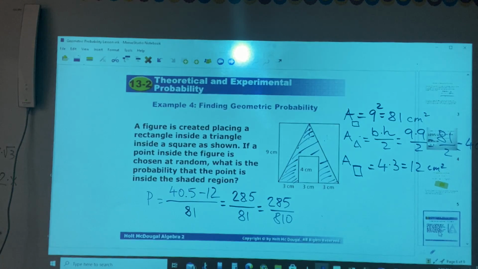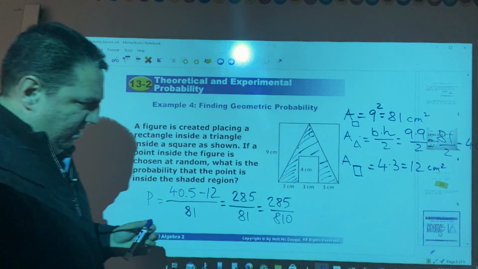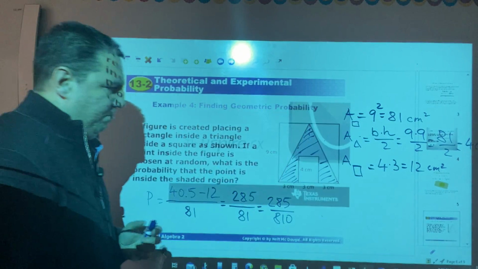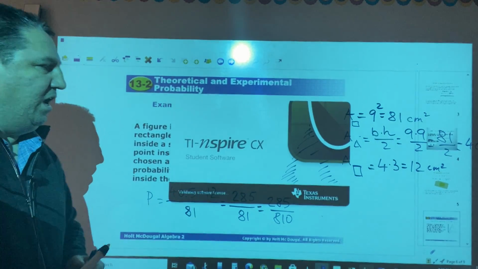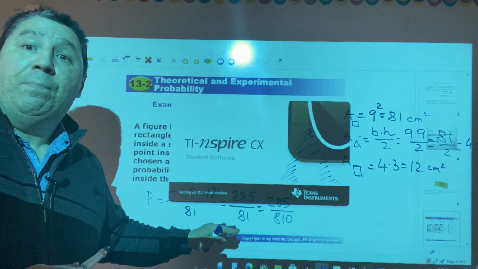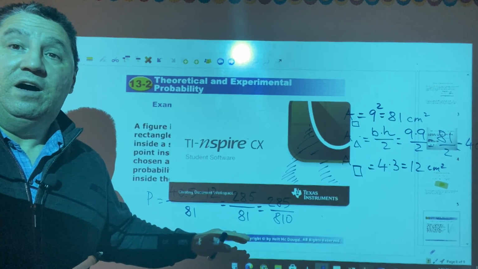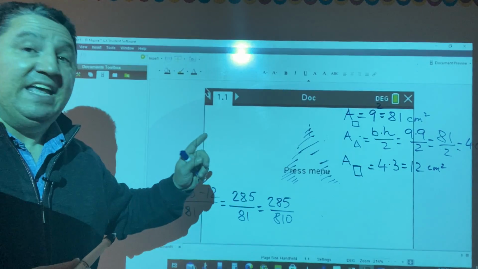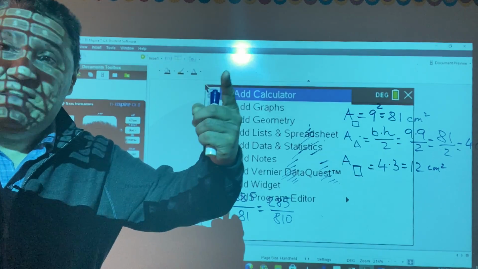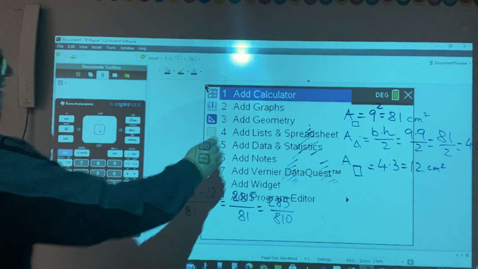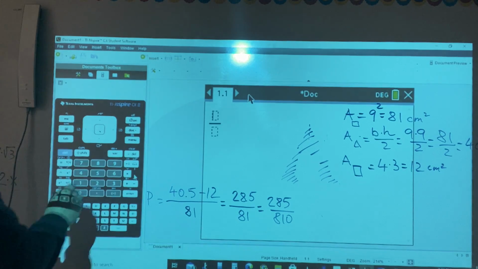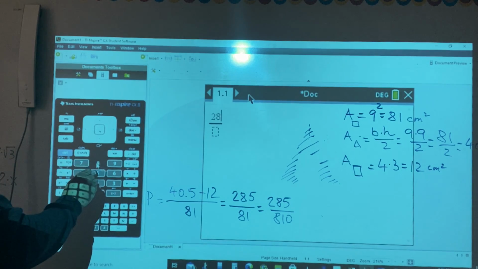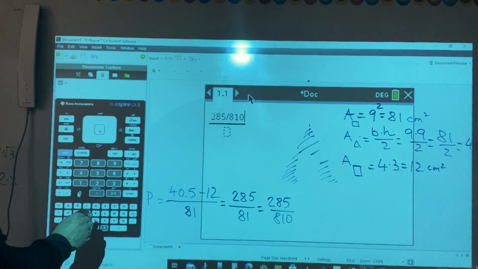Let's use a calculator to find this ratio. Remember, the probability is a number that is less than 1 but larger than 0, right? So let's find 285 divided by 810.